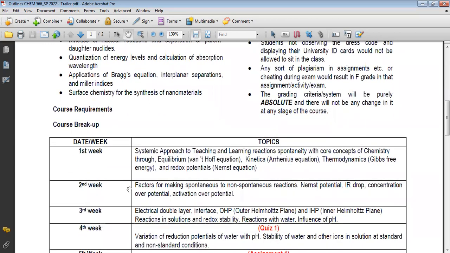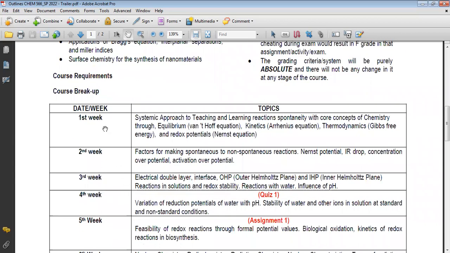This is the breakup. As explained before, I have divided it into different weeks. I will start with a systemic approach towards teaching and learning chemical reactions: spontaneity with the core concepts of chemistry.